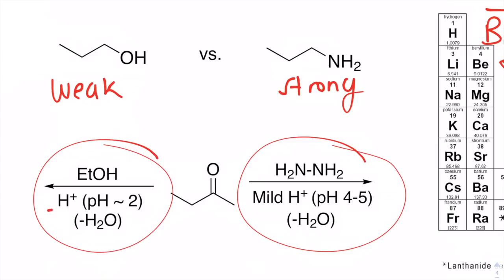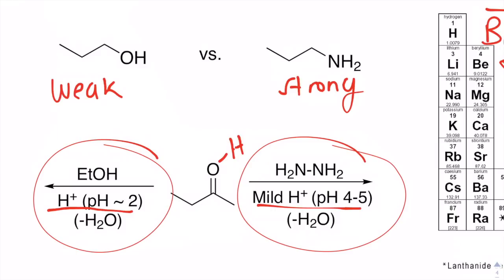Let's just pay attention to this line right here. Under an alcohol addition reaction, we would have to have a very, very strong acid to catalyze this reaction, and that makes sense because we need to make that weak electrophile more electrophilic in order to react with an already weak nucleophile.